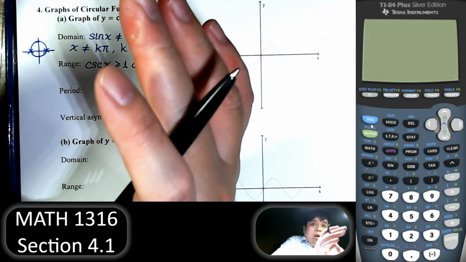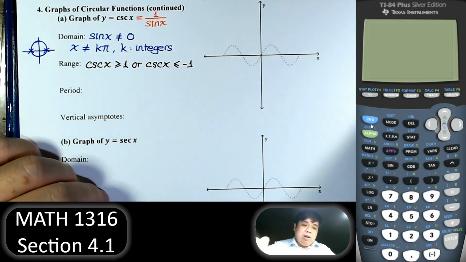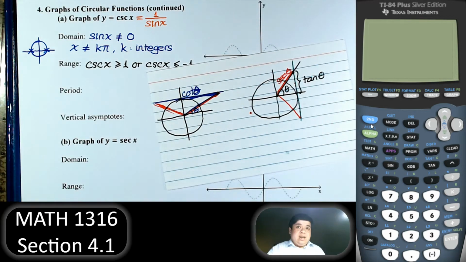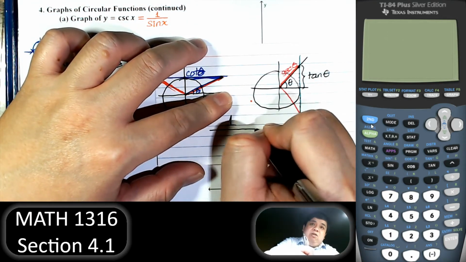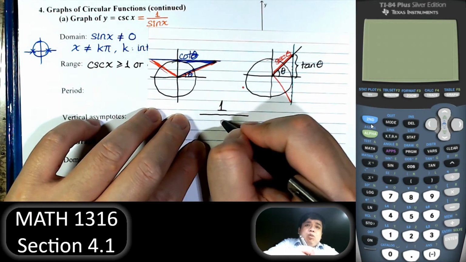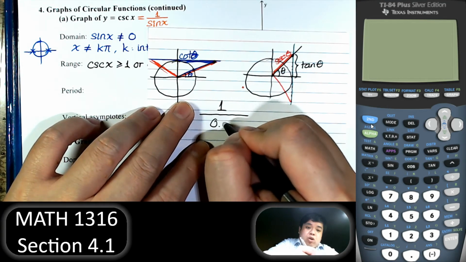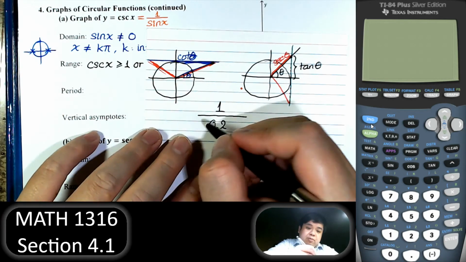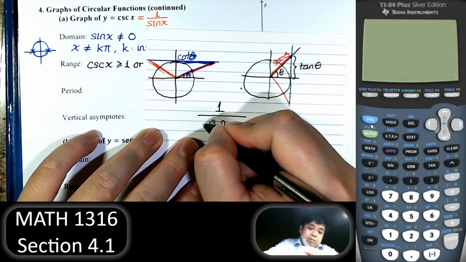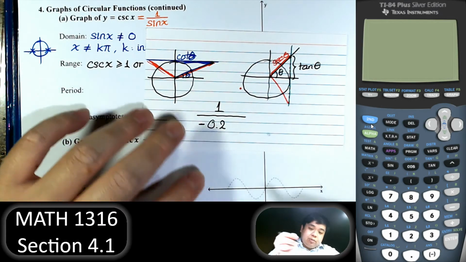It's completely different than sine, cosine. Sine, cosine are between -1 and 1, and cosecant and secant are outside of 1. Think about this. If we have 1 divided by any number between -1 and 1, like if you put 0.2 in here, we have a bigger number than 5, a bigger number than 1. If we put a negative here, it will be less than -1.